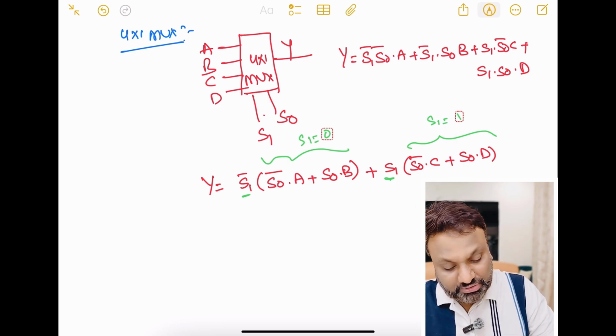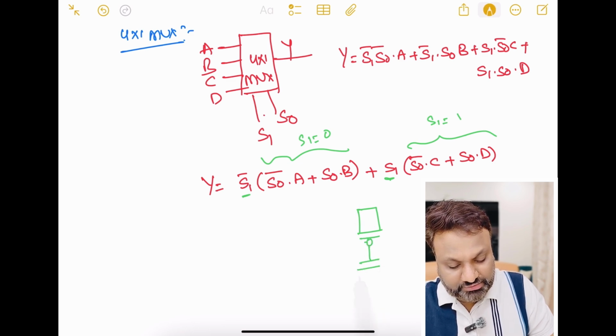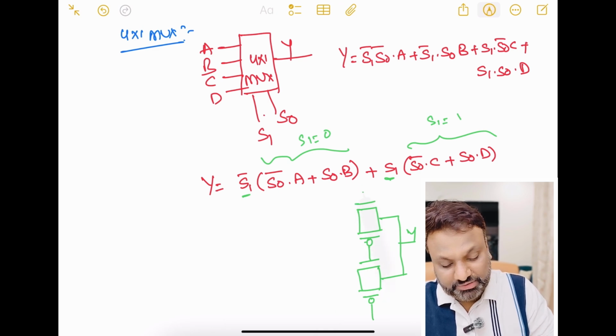So I will take a transmission gate here, with a PMOS and an NMOS, and I will connect Y here.